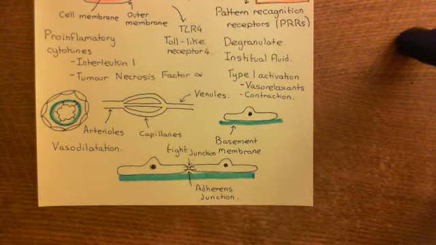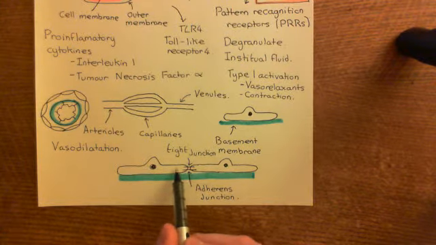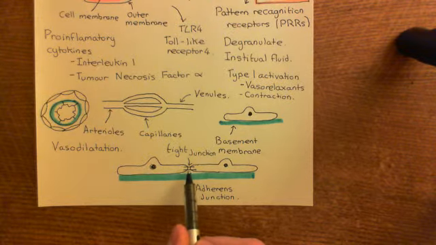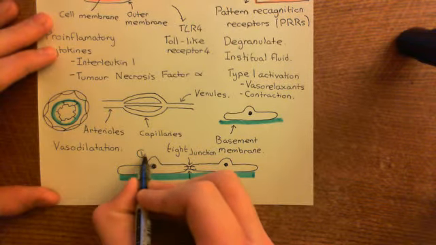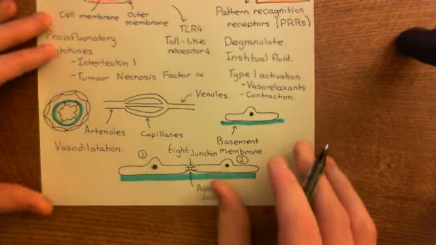Okay, so in endothelial cell contraction, each of the endothelial cells pulls its proteins that are involved in each of these junctions away, basically. So to explain this in a bit more detail, I'll call this endothelial cell 1 and this endothelial cell 2, and I'll go over the page.